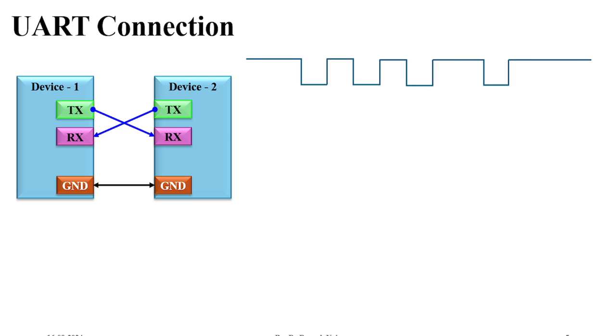Let us look at the data frame structure. Generally, in UART, the line remains high and that is considered idle. So the line will remain high until communication starts. And then a start bit will be initialized, and that will always make the high line go low. So the transition will take place from high to low. That will inform the system that start bit has arrived.